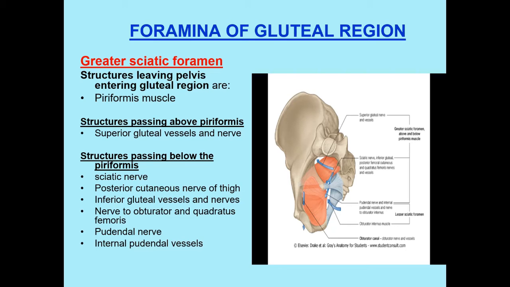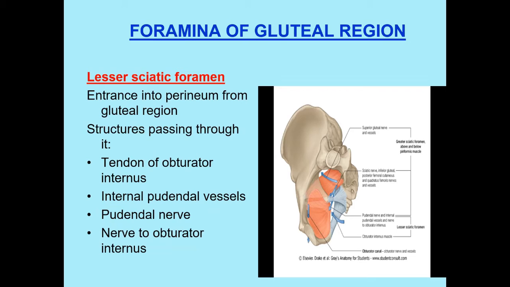Structures passing below the piriformis are sciatic nerve, posterior cutaneous nerve of thigh, inferior gluteal vessels and nerves, nerve to obturator internus and quadratus femoris, pudendal nerve, and internal pudendal vessels.